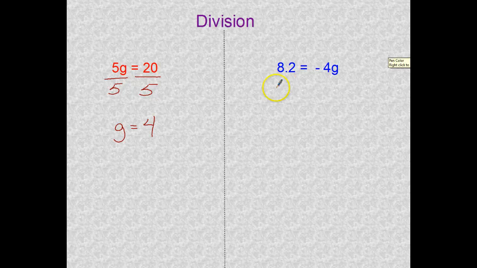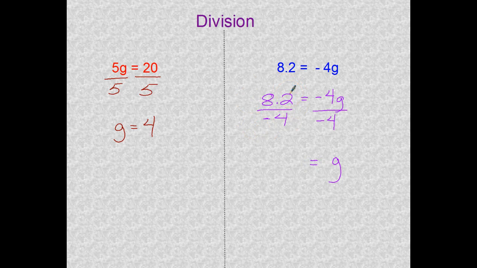All right, so let's divide both sides by that coefficient of negative 4. So G is going to equal whatever this is. A positive divided by a negative, I'll just throw right in the answer right now, some negative value, and then go off to the side of your paper and do your division of decimals. So let's take this 8 2/10 and divide it by 4.